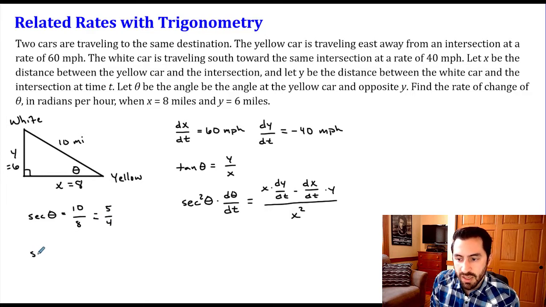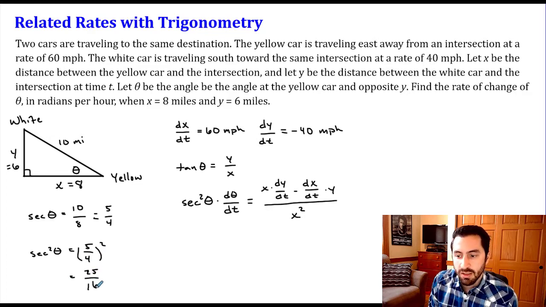So that means that the secant squared of theta is equal to 5 over 4 squared, which if I square the top and the bottom, we end up with 25 over 16. So with that information, we can substitute 25 over 16 for the secant squared.